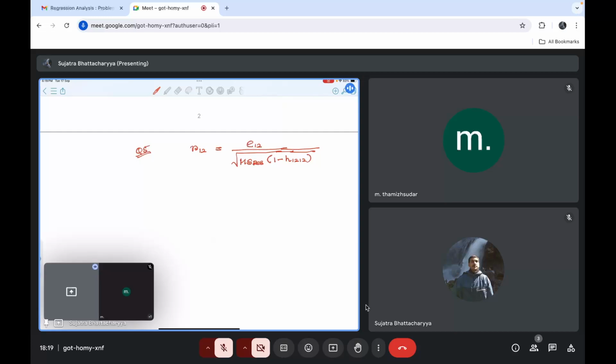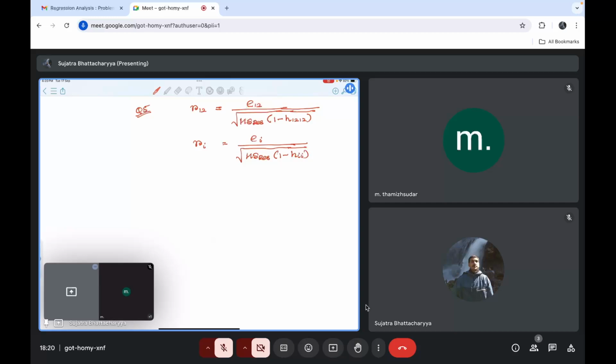Don't confuse: Ri, the studentized residual, is EI divided by the root of MS residual times 1 minus HI. Instead, I am writing 12, 12. So almost everything is known. H_12,12 is given in the question as 0.178 from the table.